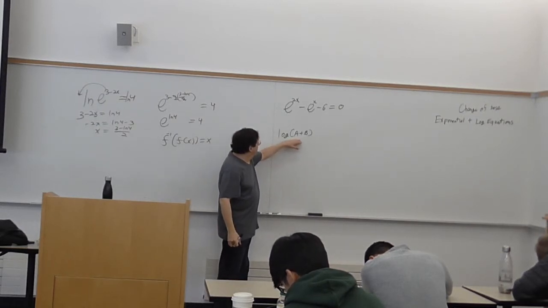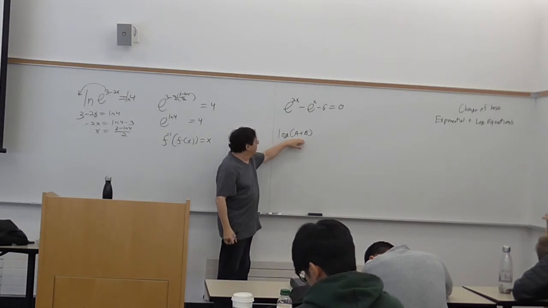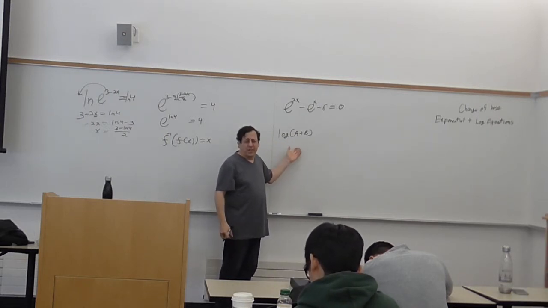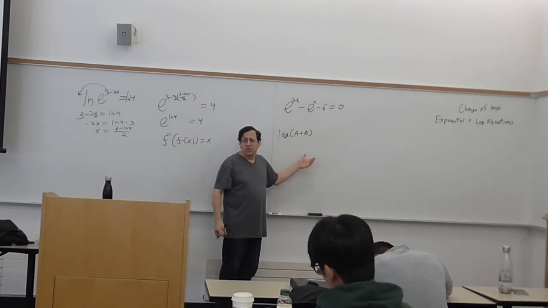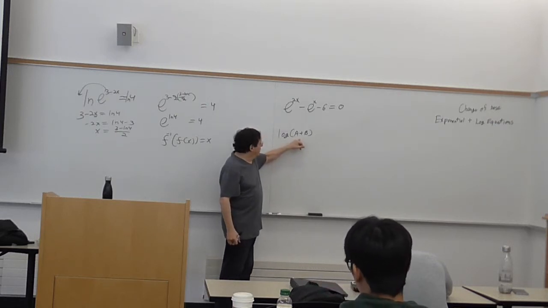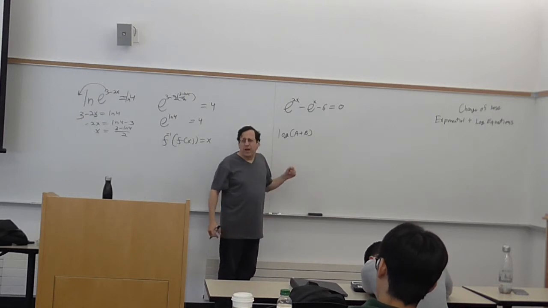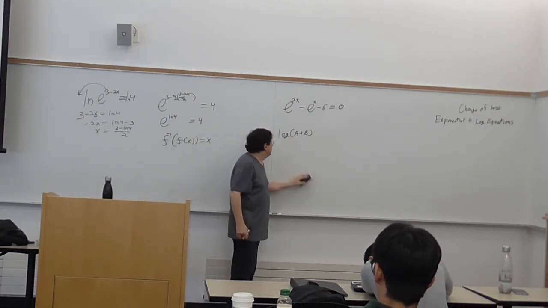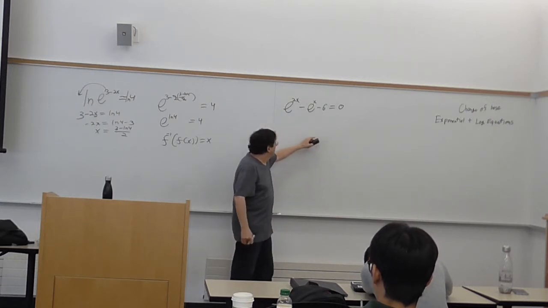We don't know anything particular about the log of a plus b, log of a minus b. We know something about the log of a times b. You can split that up, but this is not something of any value unless we actually have the numbers and we can add them. So that's one problem.